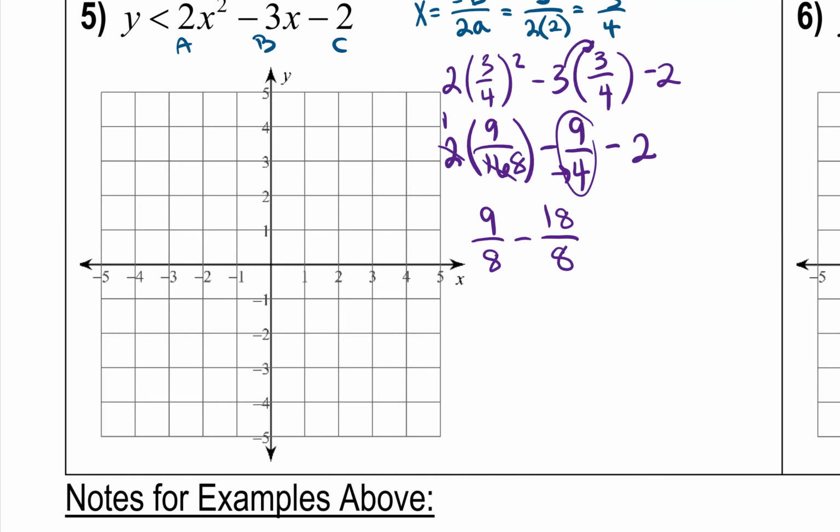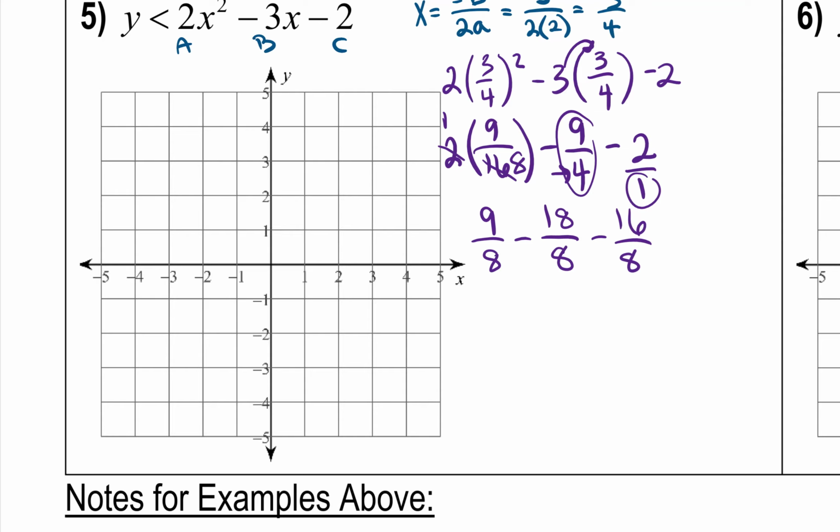Oh no, not that, I'm sorry. I forgot, the denominator is 1. So 1 I would multiply by 8, so 2 times 8 is 16 over 8. Now I can subtract all these because now they're all over 8.